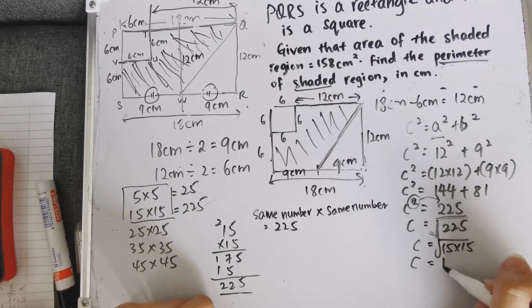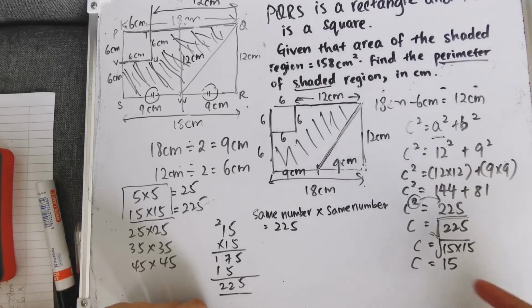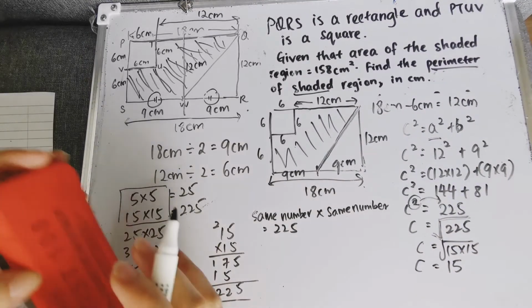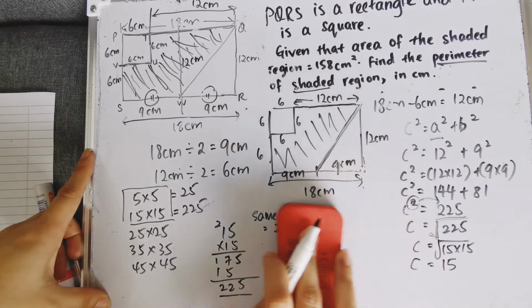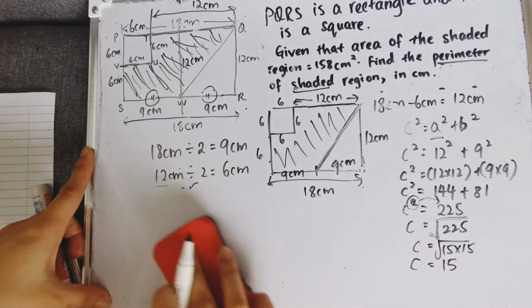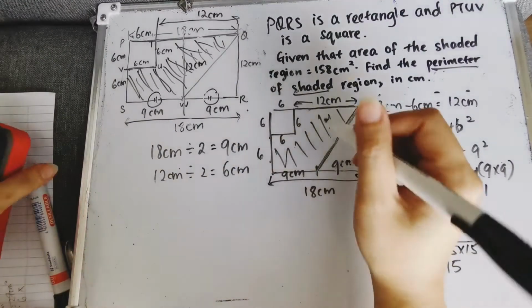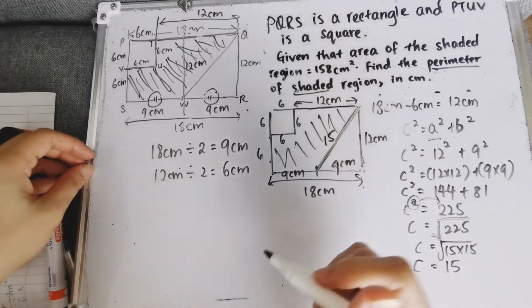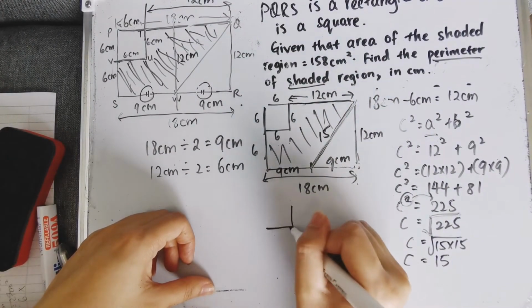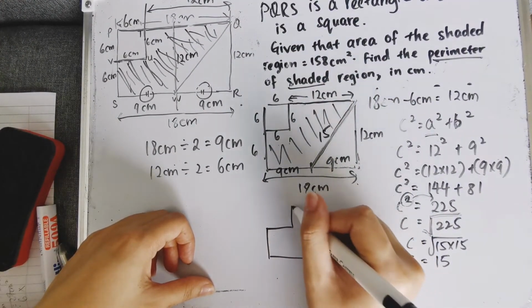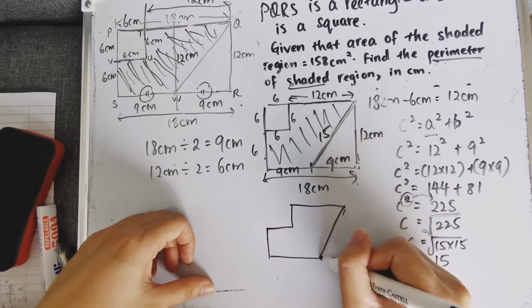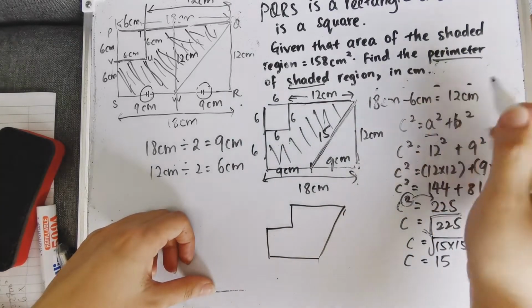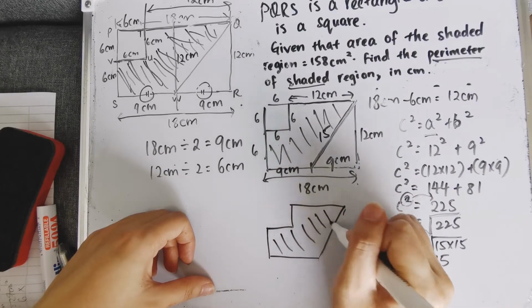Then we only need to write one answer, okay, 15. So therefore your c is 15. Okay, so this is 15. Then we can add everything together because the question asks us to find the perimeter of the shaded area.